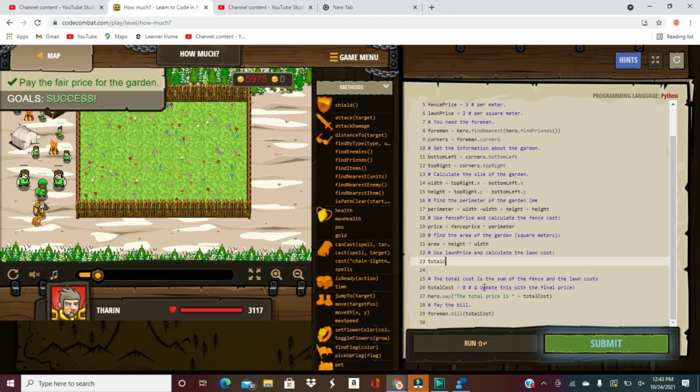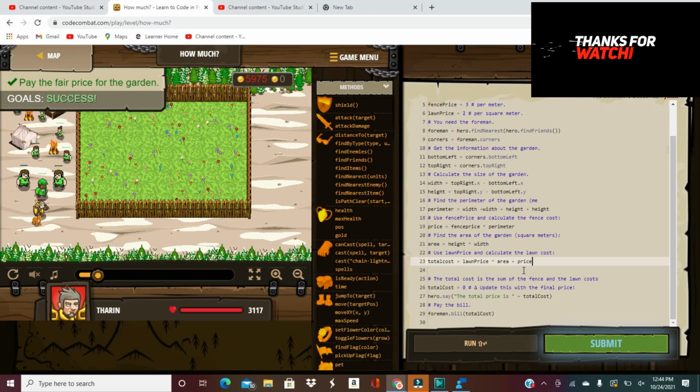Total cost is equal to lawn price times area plus fence price. Next, the total cost.